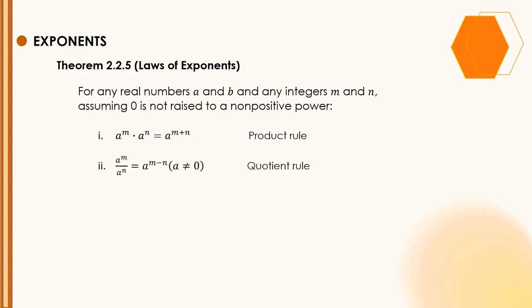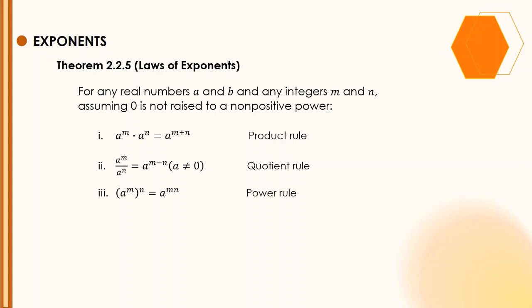For the second one, a to the power of m divided by a to the power of n is equal to a to the power of m minus n, such that a is not equal to 0. So, this is what we called quotient rule. Pag pareho ang base, tas division, copy the base, then minus the exponent.